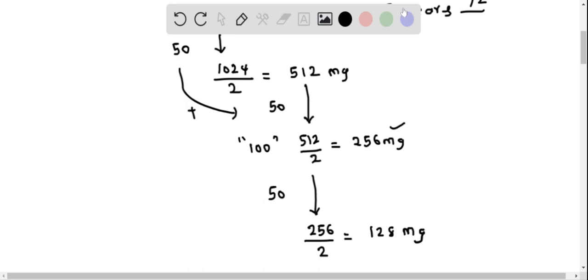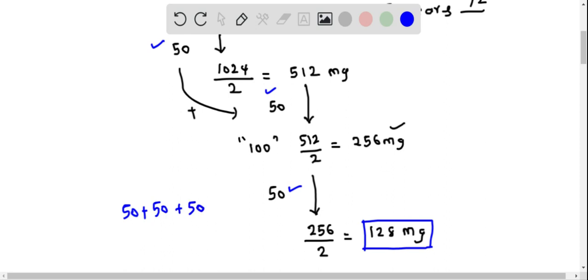So this is the amount present after three half-life periods. That is, this is first, this is second, and this is third. If we add all three half-lives, each constituting 50 years, we get 50 plus 50 plus 50 equals 150 years.